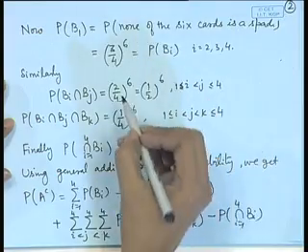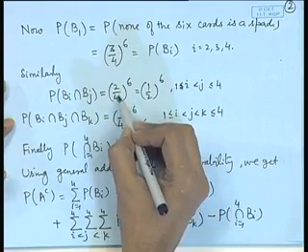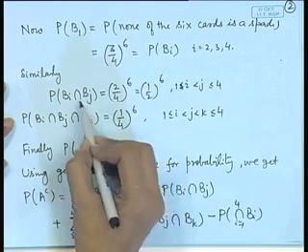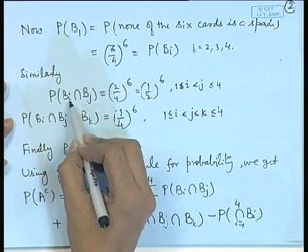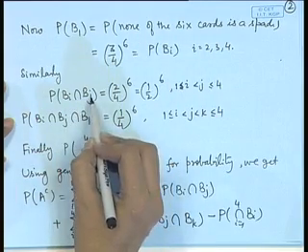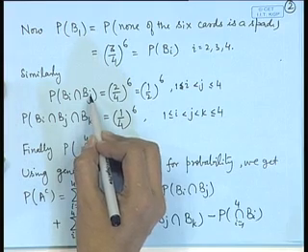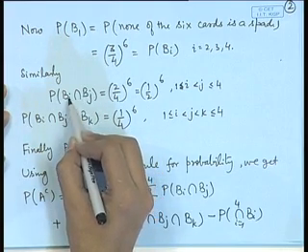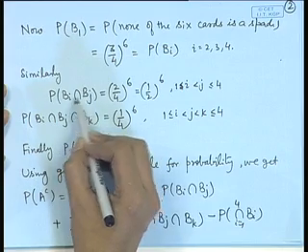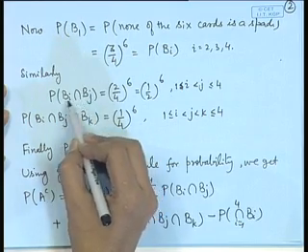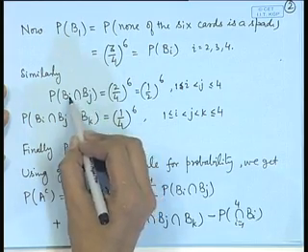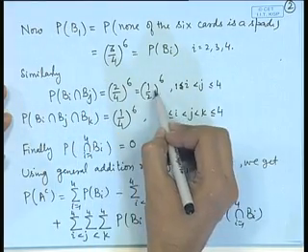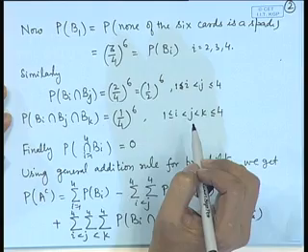Therefore, in 6 independent draws with identical setup, the probability becomes half to the power 6. Now, this probability remains the same if we replace spade by hearts, diamonds by clubs, etc. So, for all the combinations of spade heart, spade club, spade diamond, heart club and diamond heart, the probability of Bi intersection Bj is half to the power 6.